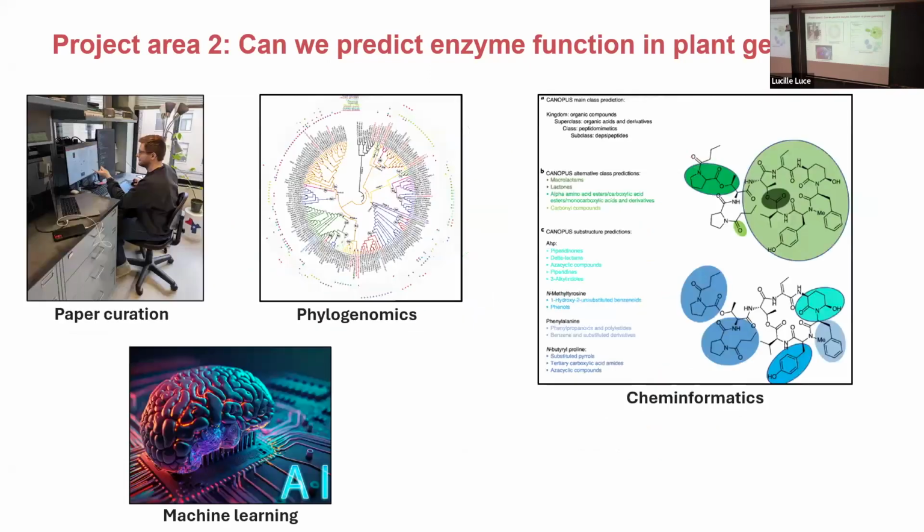So we are working with various different approaches, including curation of existing research papers, phylogenomics, cheminformatics, and more recently machine learning to answer these questions.